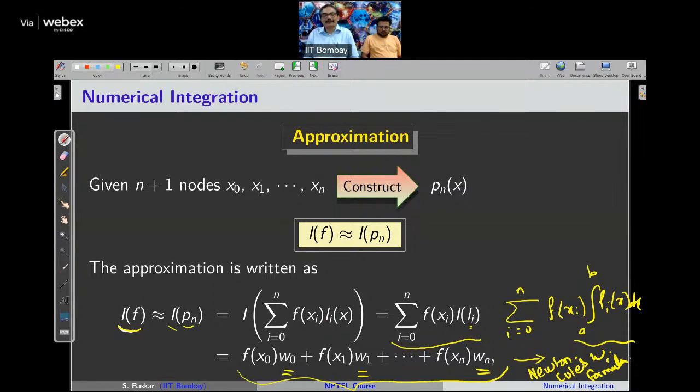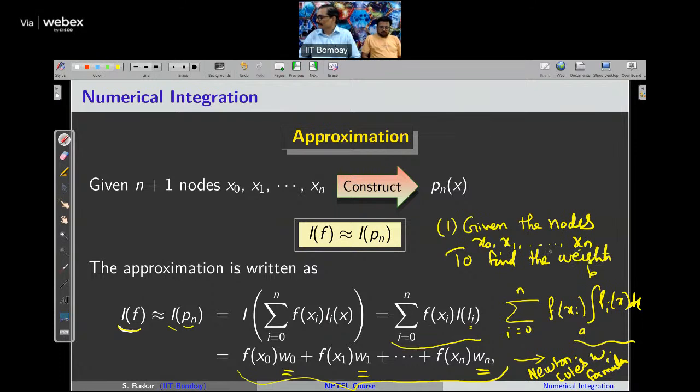So there are two approaches here. The first approach is, given the nodes x0, x1 up to xn, to find the weights W0, W1 and so on till Wn.